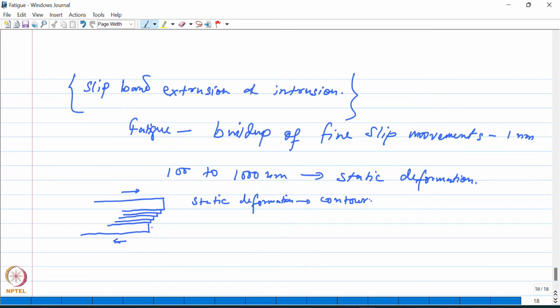But due to the back and forth slip in case of fatigue because of the dynamic loading condition, it will either lead to formation of a notch or intrusion or a ridge or extrusion, and that can be depicted by this diagram.